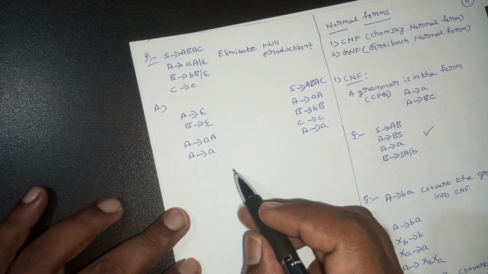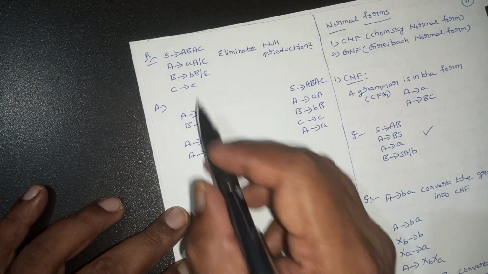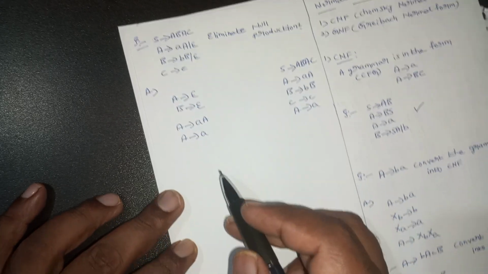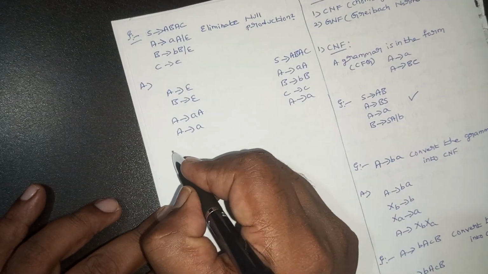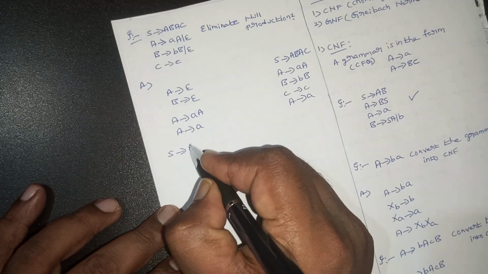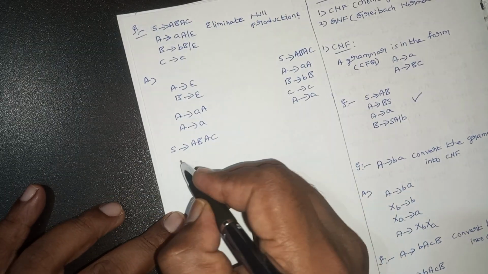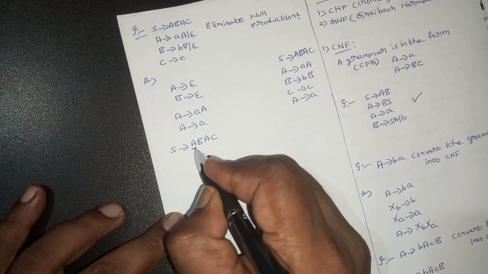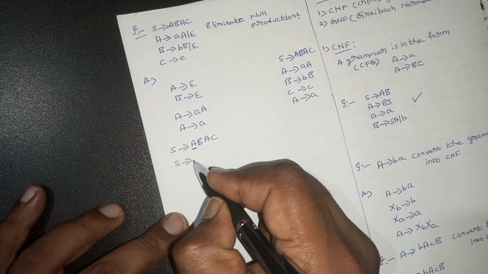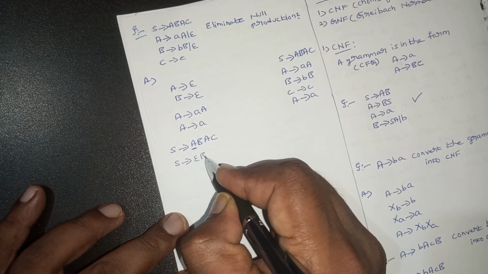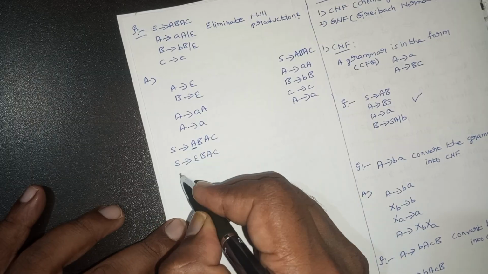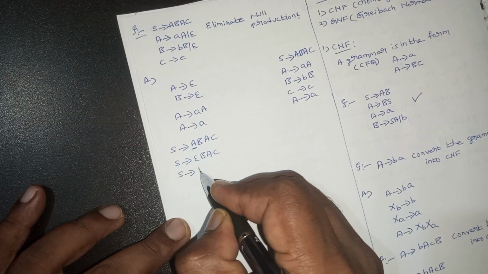Now, okay, you take this production, S tends to AB AC. So here I am writing epsilon: S tends to epsilon BAC. What will be the answer? S tends to BAC.